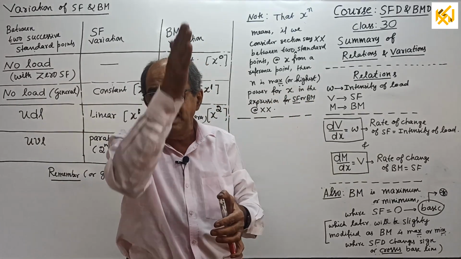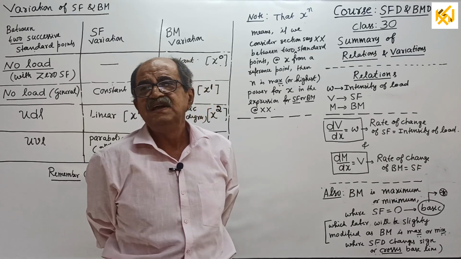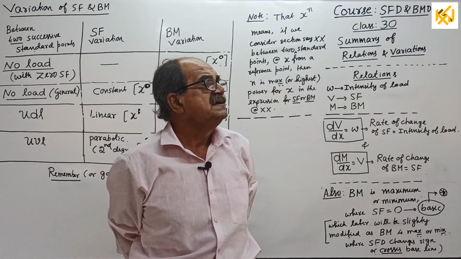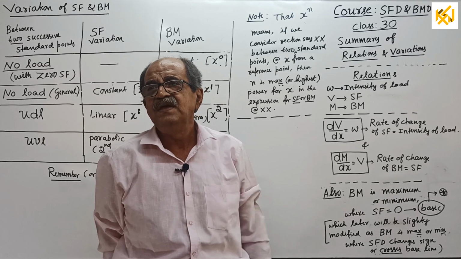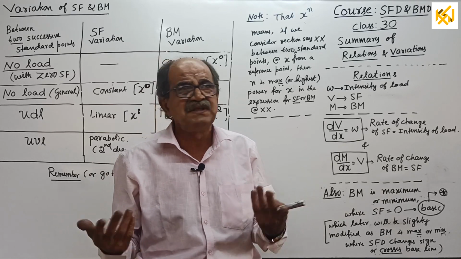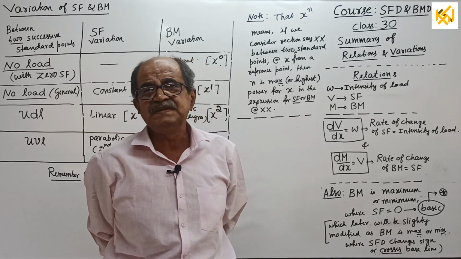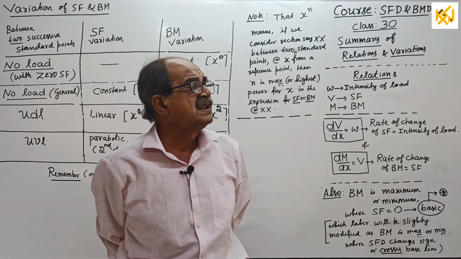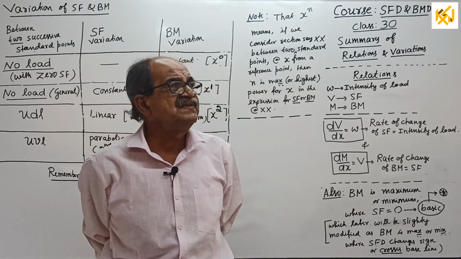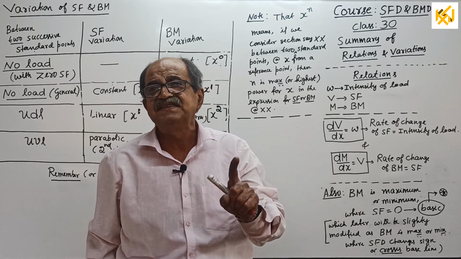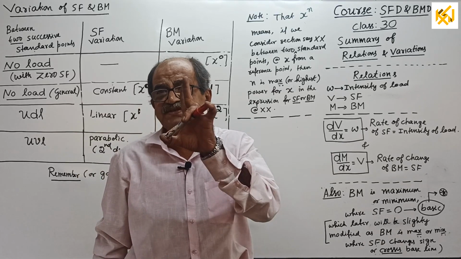Suppose you take a section xx, and you get shear force, for example, 25. There is no x there, so x power 0. Or 25 into x, the highest power of x is 1. Suppose you get 25x minus 8x square, then the highest power is 2, x square is there.